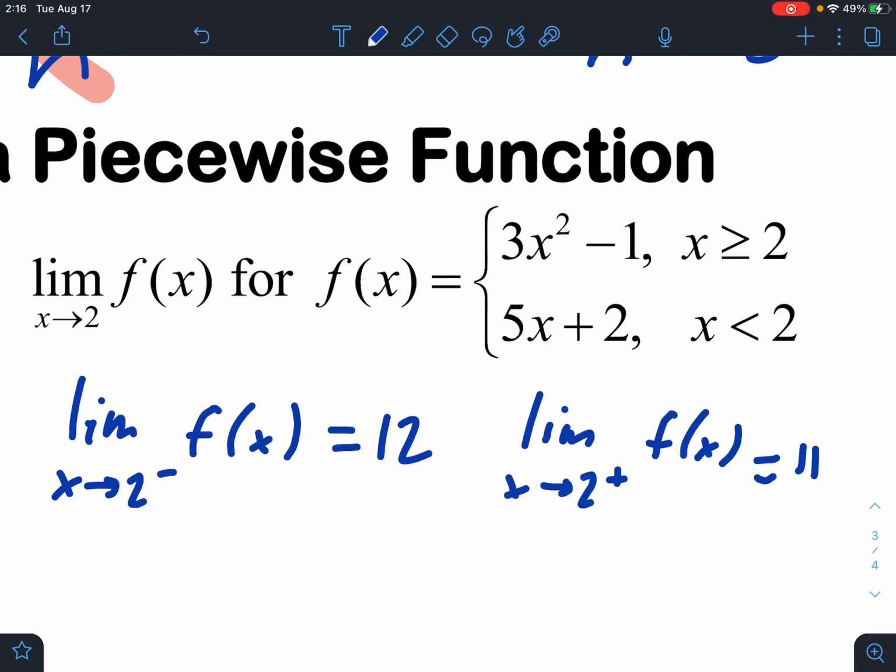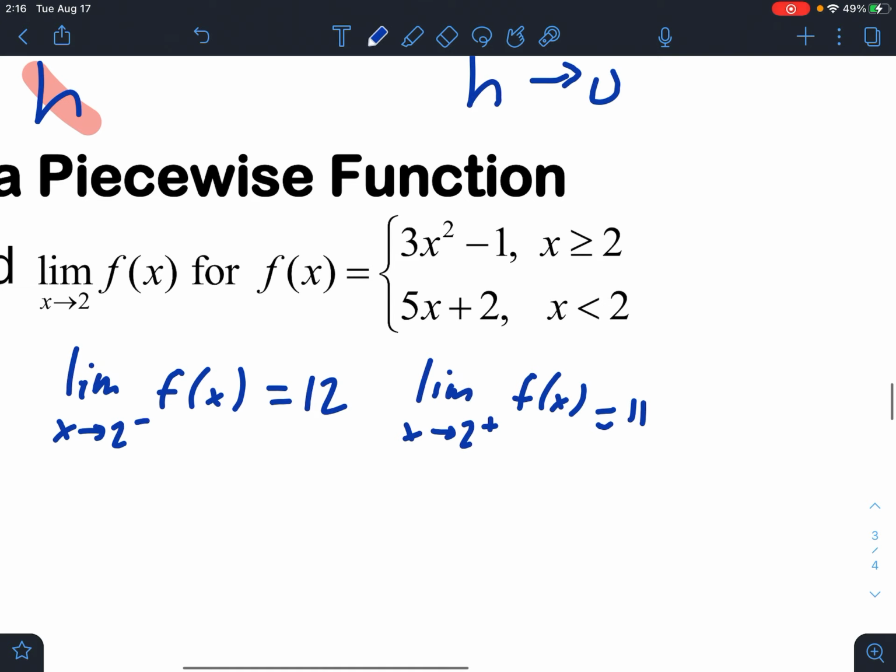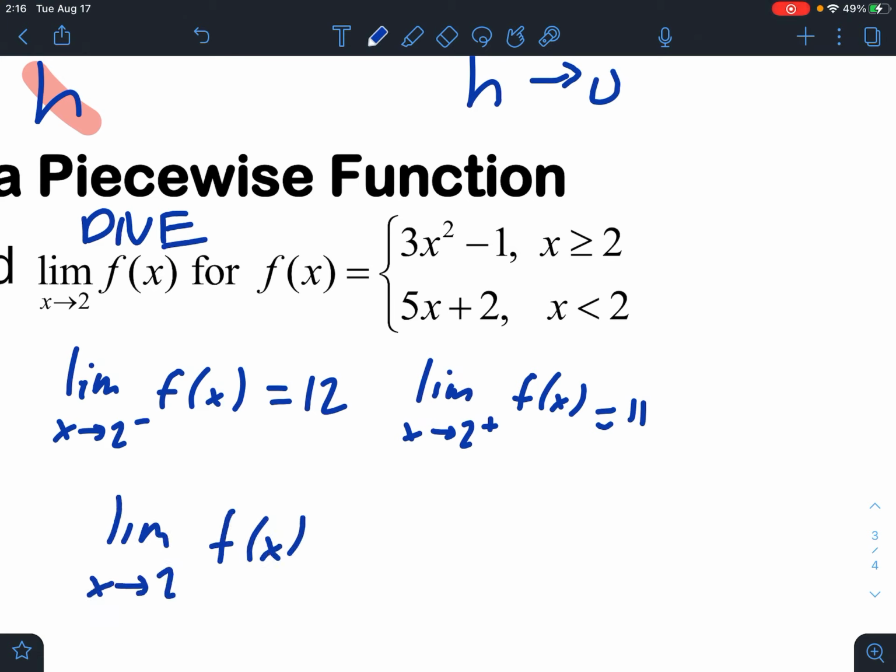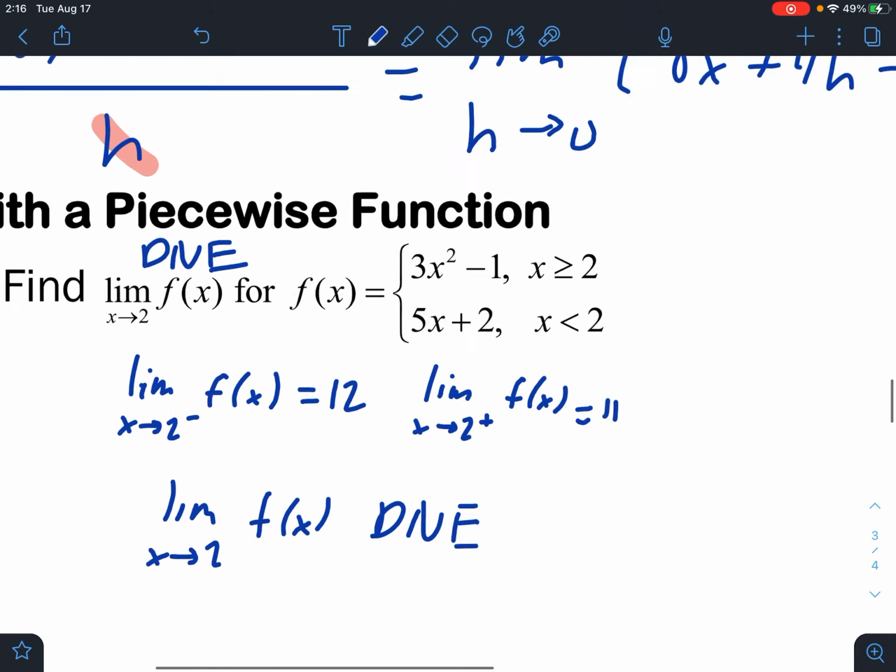Since 12 and 11 are not the same, that means that this limit does not exist. So limit as x approaches 2 of the function does not exist. If it was any number but 2, it would exist. But at 2, it does not. There must be a jump in the graph at that point.